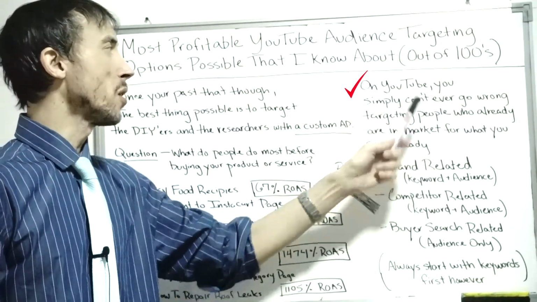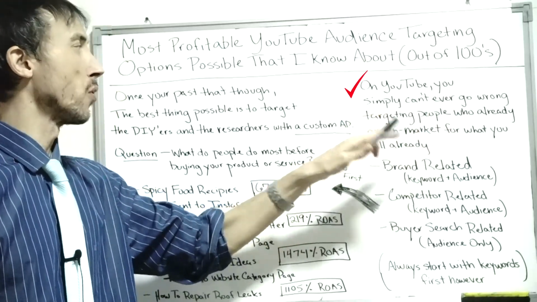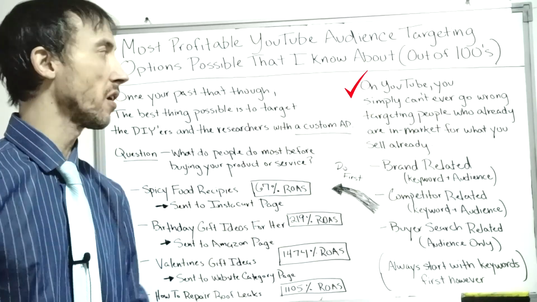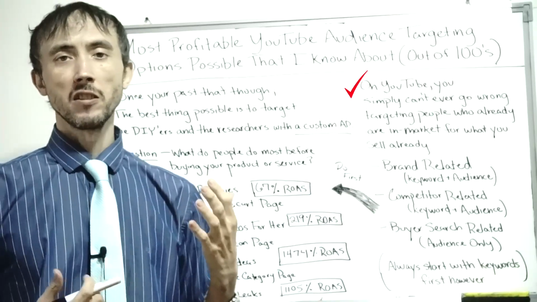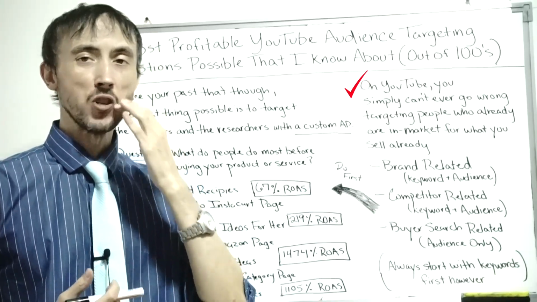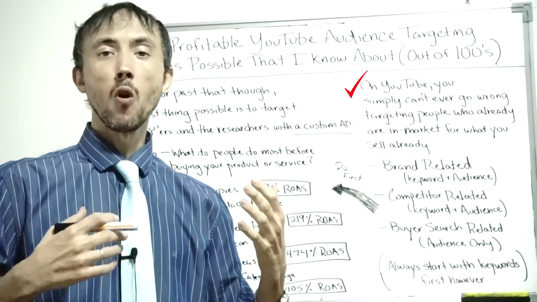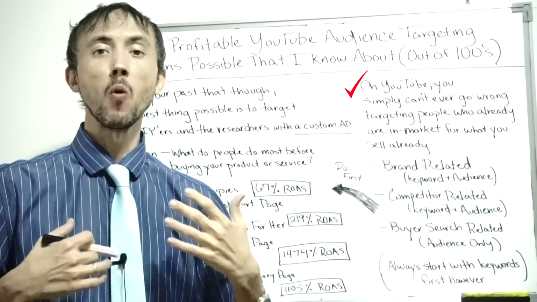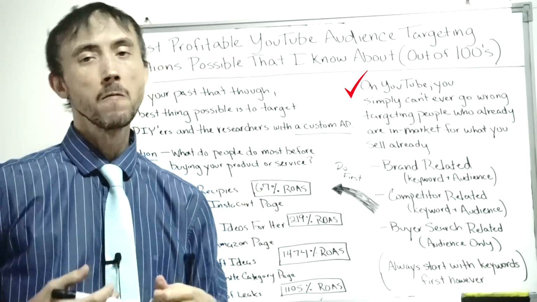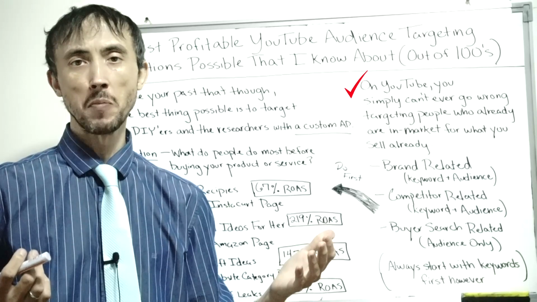On YouTube, you simply can't ever go wrong targeting people who are already in market for what you sell. So basically, if you're selling suntan lotion and people are already showing signs that they want to buy suntan lotion soon, you obviously are going to go after those people first.